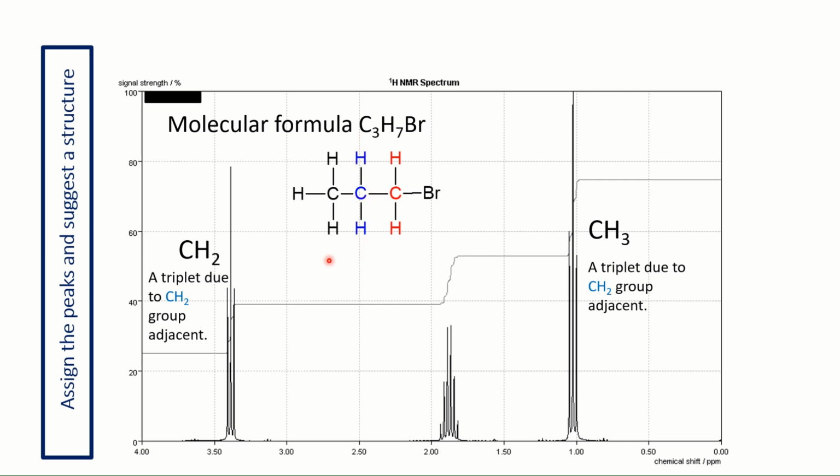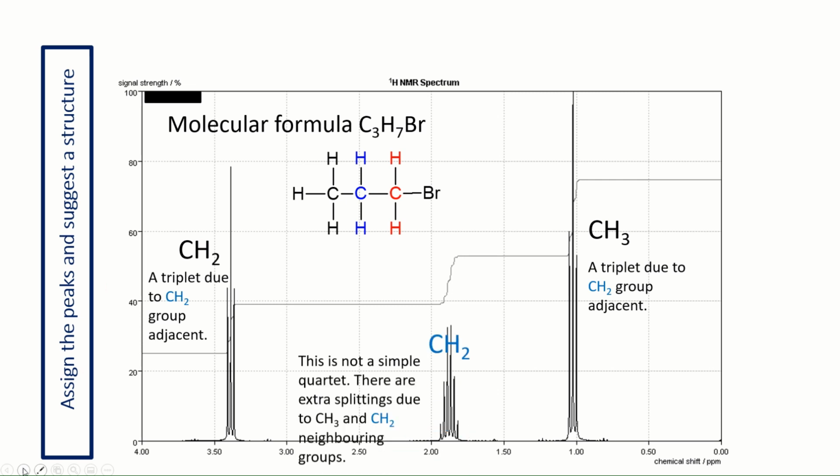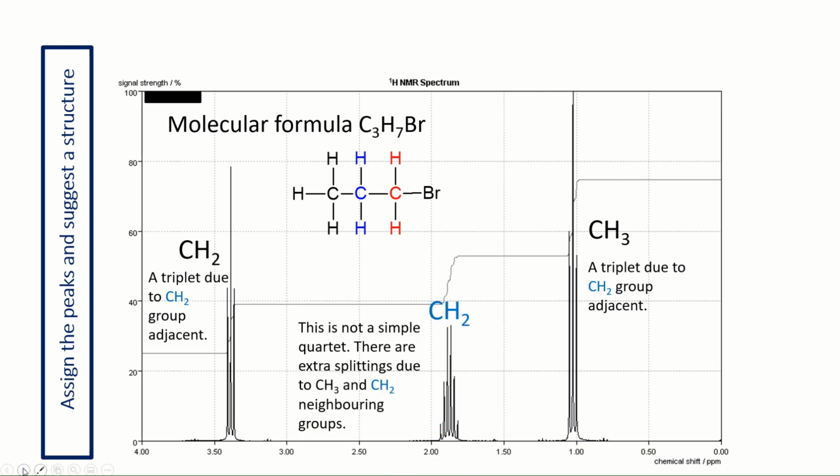And then we have this multiplet, which is a sextet, because this methylene has 1, 2, 3, 4, 5 protons adjacent to it. That's a total of 6. And so we see this sextet.